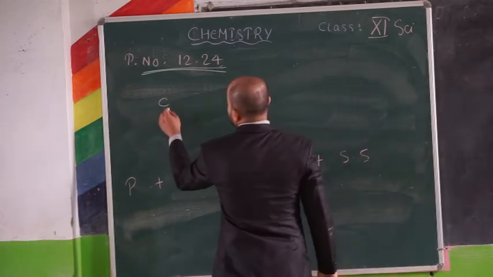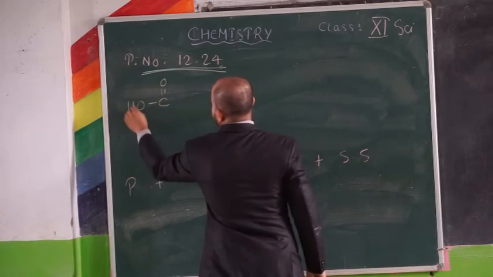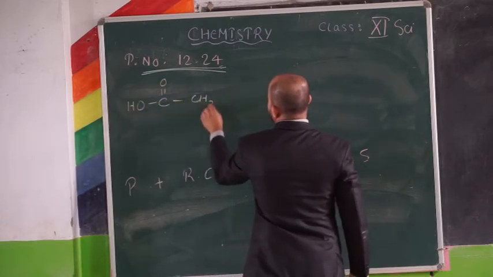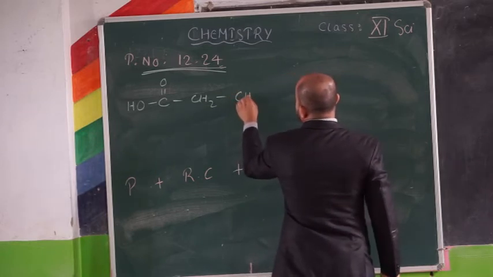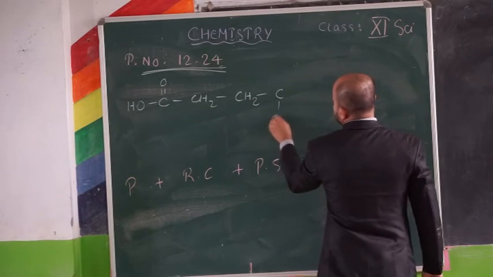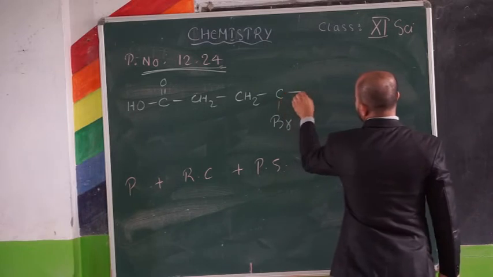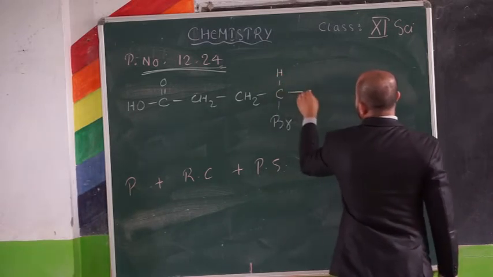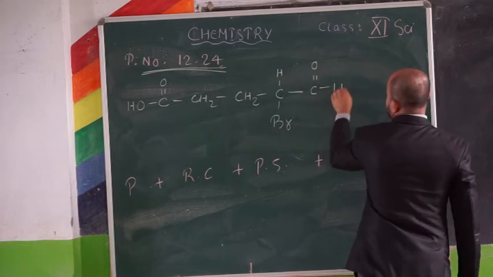So say you have C double bond O, OH, CH2, CH2, C. Now here you have Br, a bromo group, and say you have hydrogen here, and say you have C double bond OH.